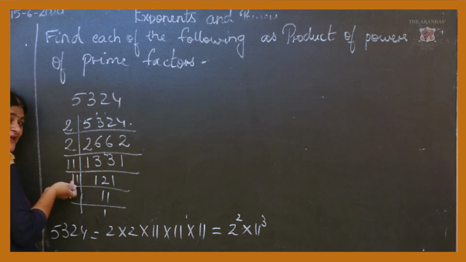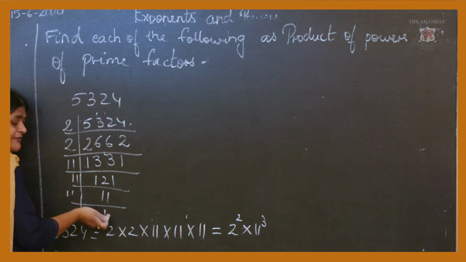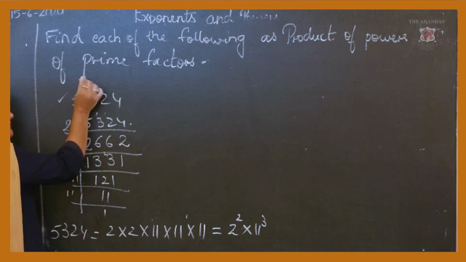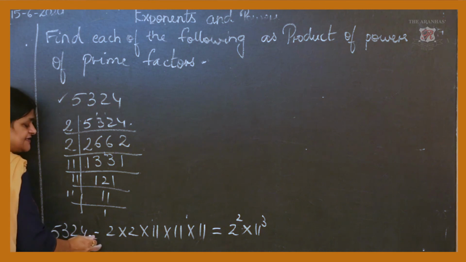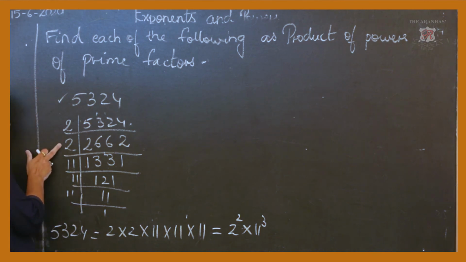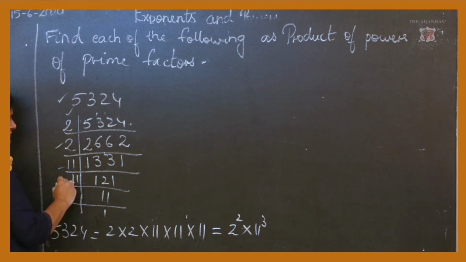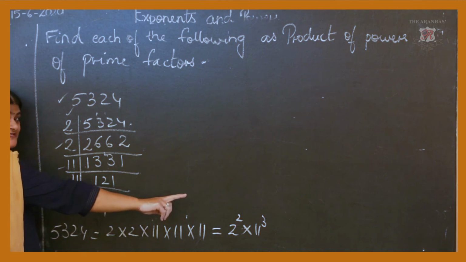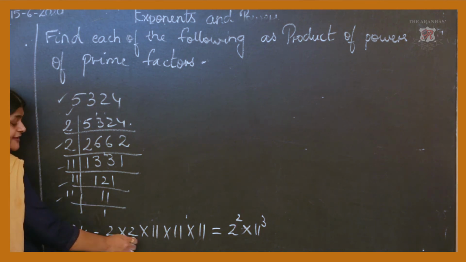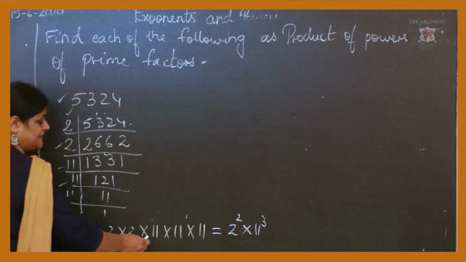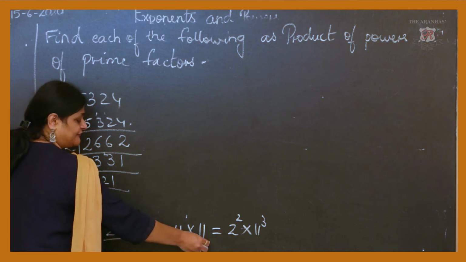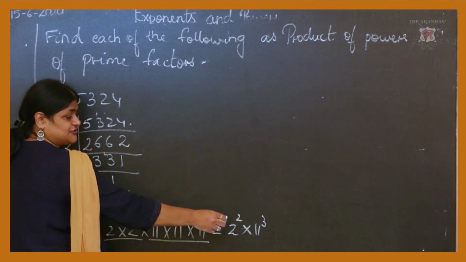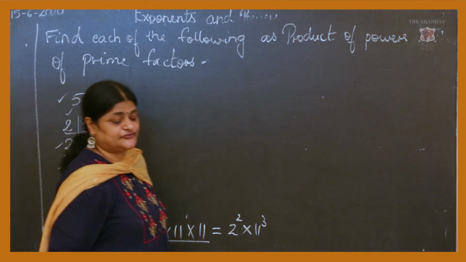Again it is divisible by 11, which will be 11, and 11 1s are 11. So here your sum 5324 is equal to 2 into 2 into 11 into 11 into 11, that is equal to 2 square into 11 to the power of 3, as you have multiplied 11 three times.